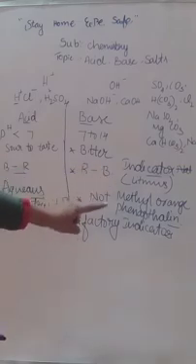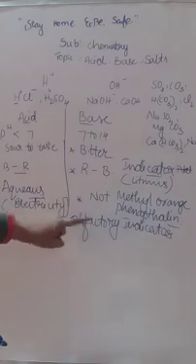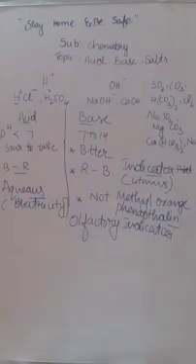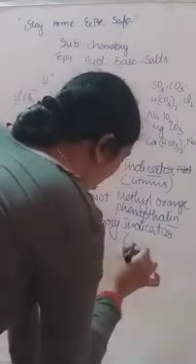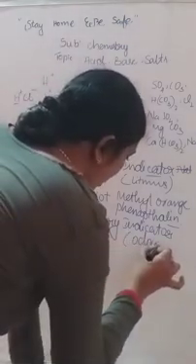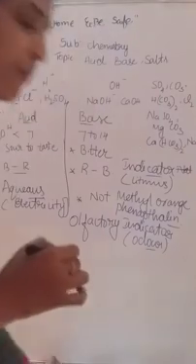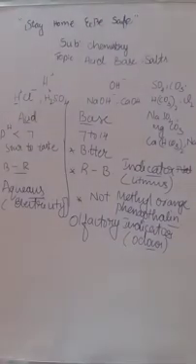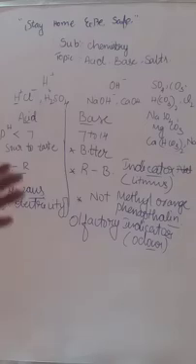One is the synthetic indicator, the second is the natural indicator, and the third is the olfactory indicator. Here the odor will change. Odor means smell. The substances whose odor is changed in acidic or basic media are called olfactory indicators. If we dip that substance, the smell is completely changed.